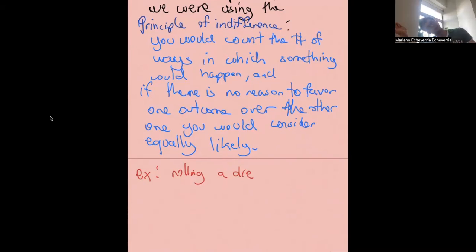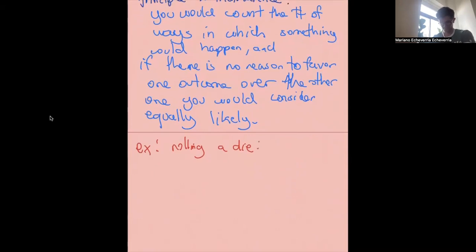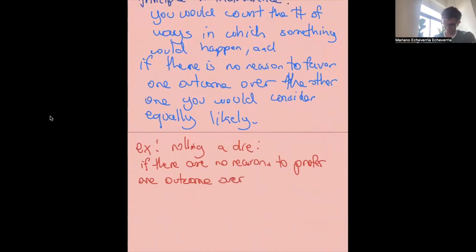So we would assign probability 1/6 to each side of the die.